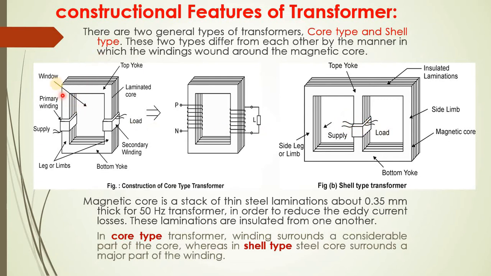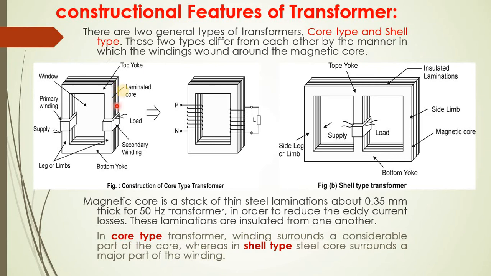The different notations are given here, I will just read them out. This inner portion is called the window of the transformer core. These are the legs or limbs of the transformer.